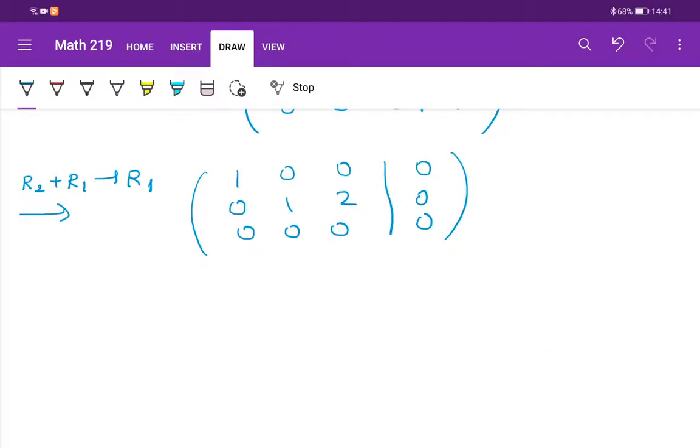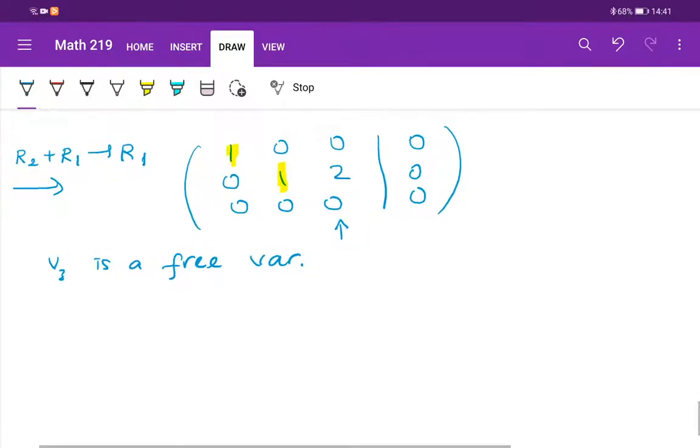So here we have leading ones, and you see that the last row has no leading one. So you get V3 as a free variable. Whenever we look for eigenvectors, we will always have a free variable, because we know our original matrix is not invertible, so there has to be a free variable.